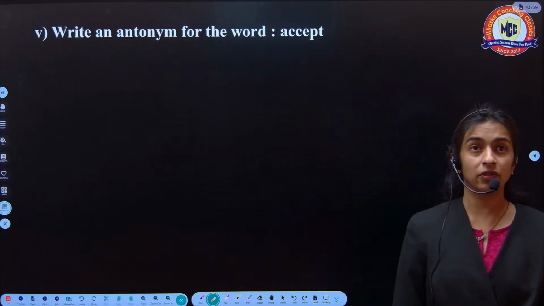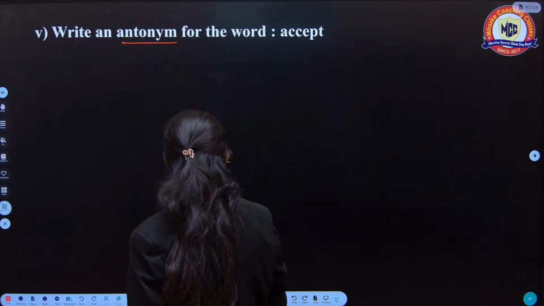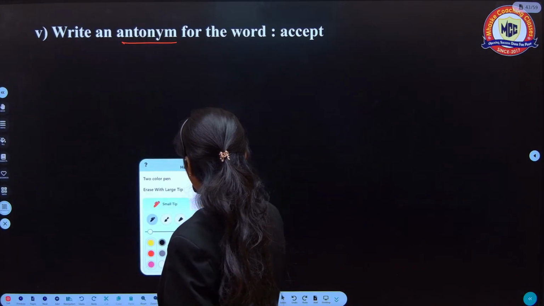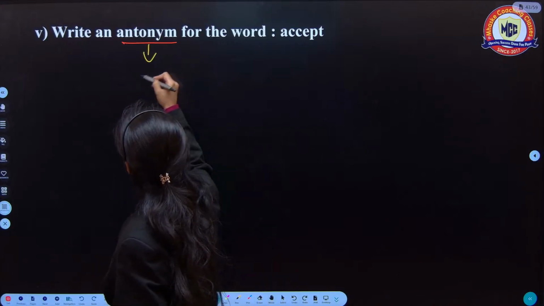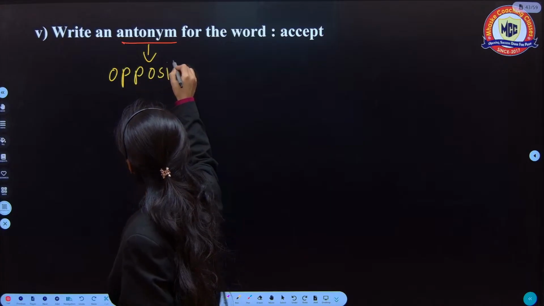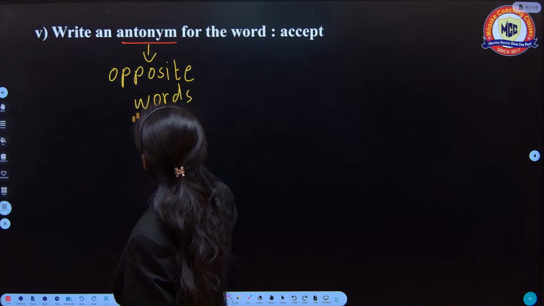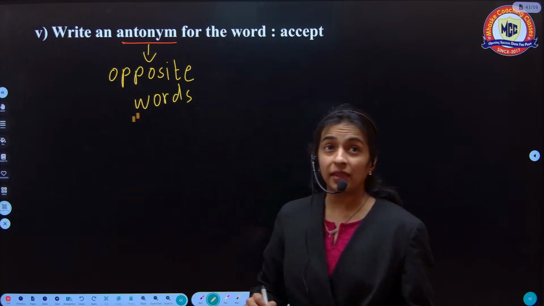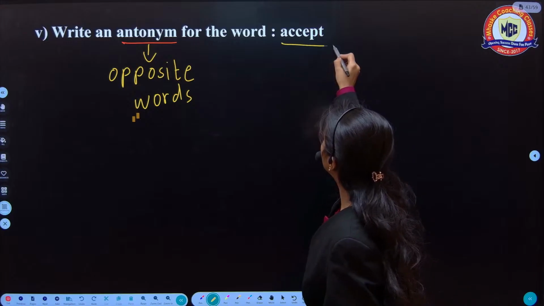Next is antonym. Now, what do you mean by antonym? Antonym is opposite word. So when they ask you for antonym, you have to write the opposite word of the given word.